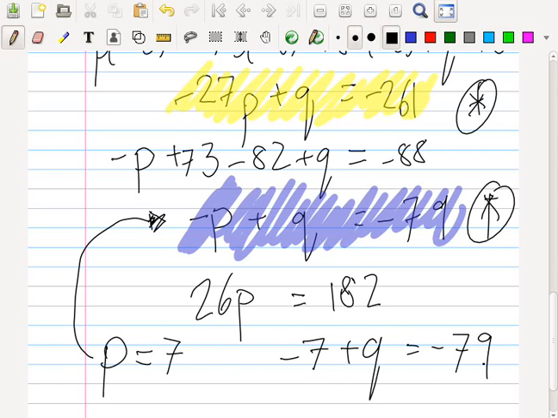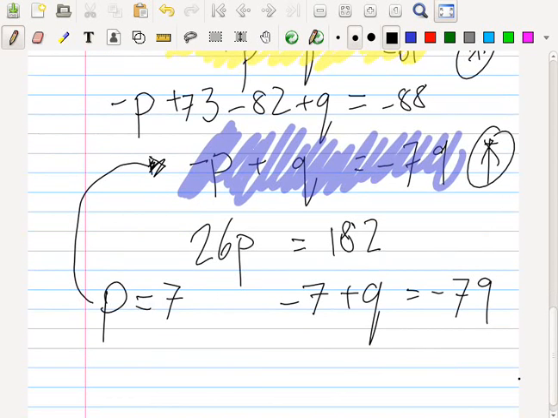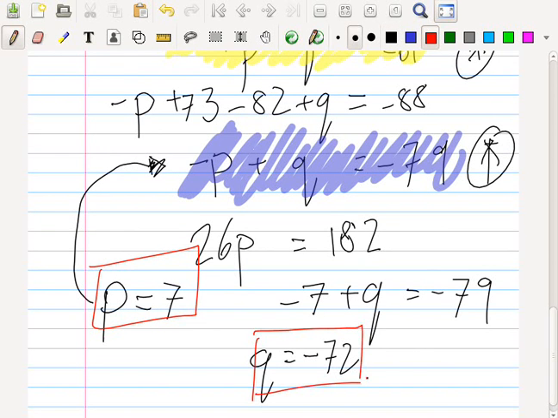So we got minus 79 plus 7. So q equals minus 72. So that is the p, and then that is the q. Seven and minus 72. There you go.